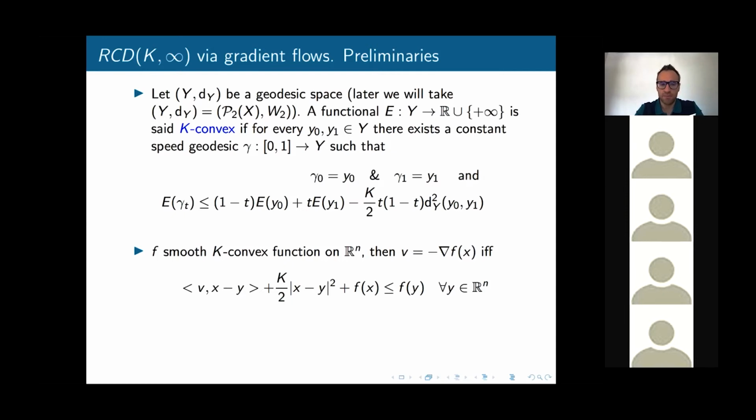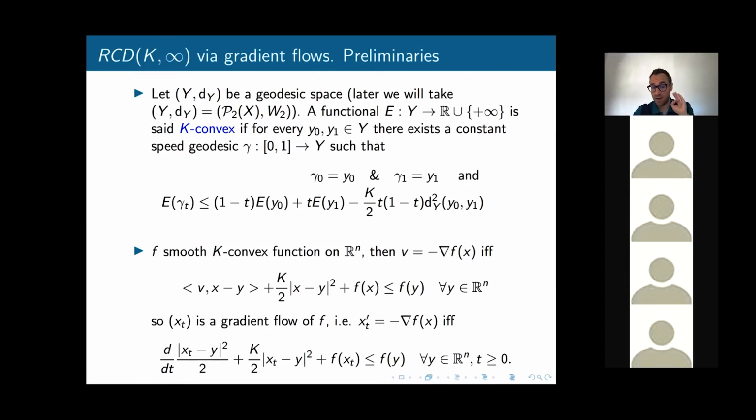Any question about that? No? Okay. So now we can use this characterization of minus the gradient to characterize a gradient flow. A gradient flow of f is a curve such that at every time the time derivative is minus the gradient of f. So how do we make the time derivative show up? Well, we can just consider the time derivative of the distance between x_t and some given point y.